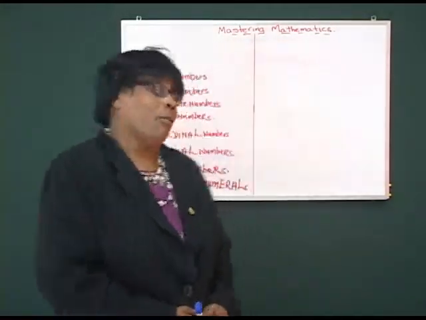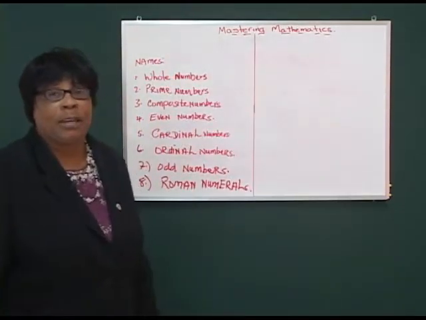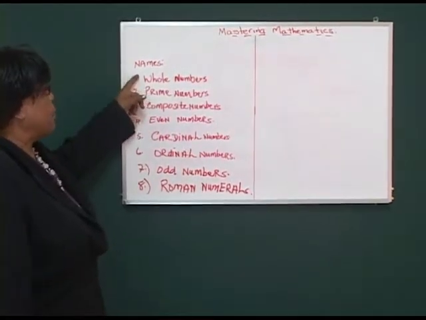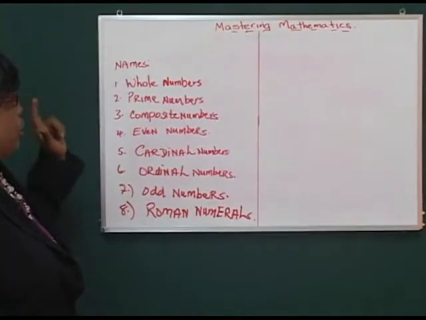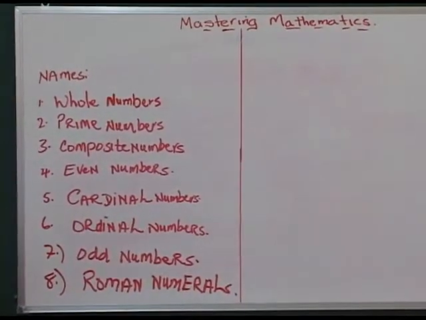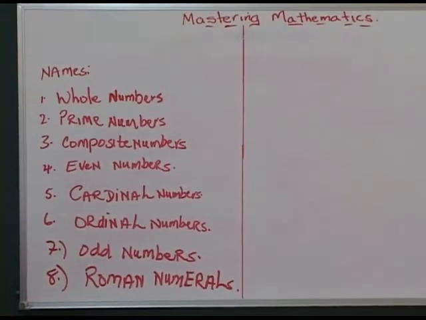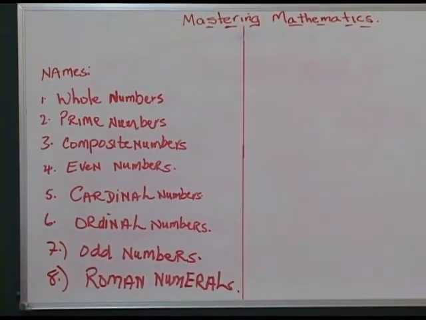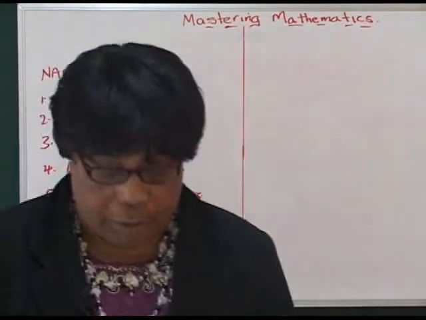Well, last week we told you that we have names of numbers. You were talking about whole numbers, prime numbers, composite numbers, even numbers, cardinal numbers, ordinal numbers, odd numbers, Roman numerals.